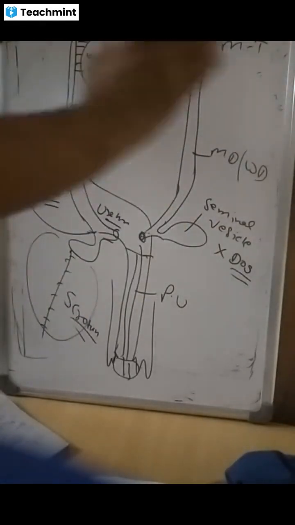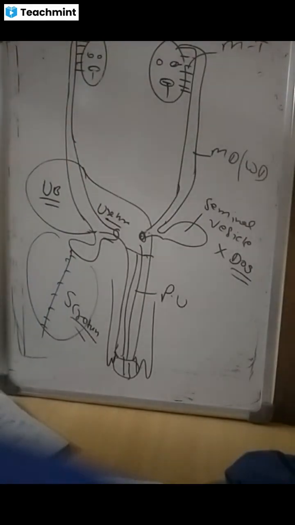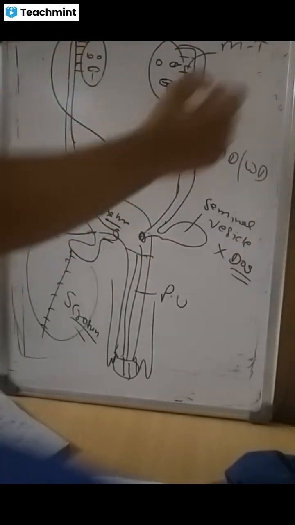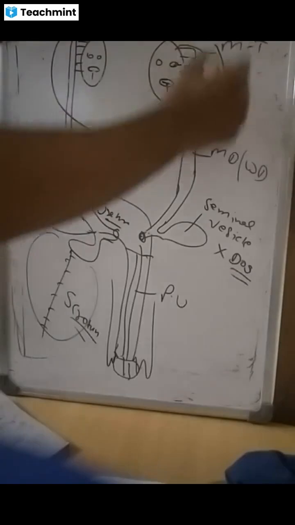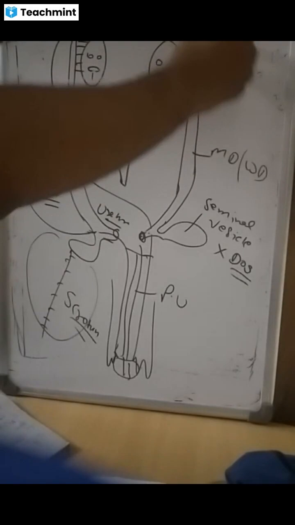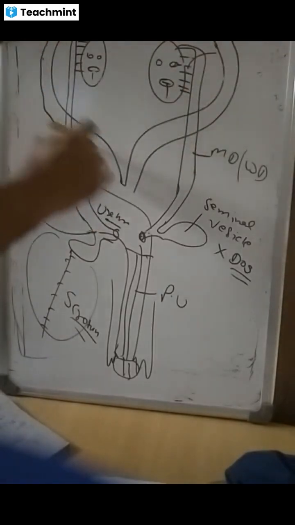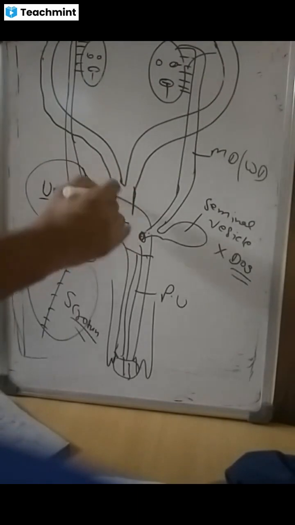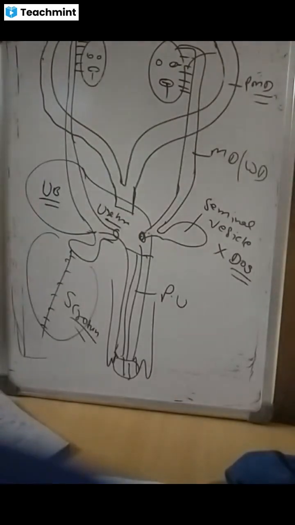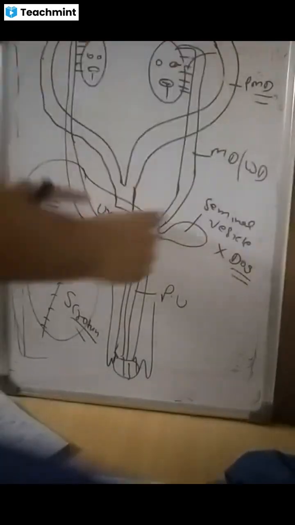Outside of this we have the paramesonephric or Müllerian duct, which comes, fuses and opens. In case of male, the paramesonephric duct will regress and degenerate, and only the mesonephric duct is functional.